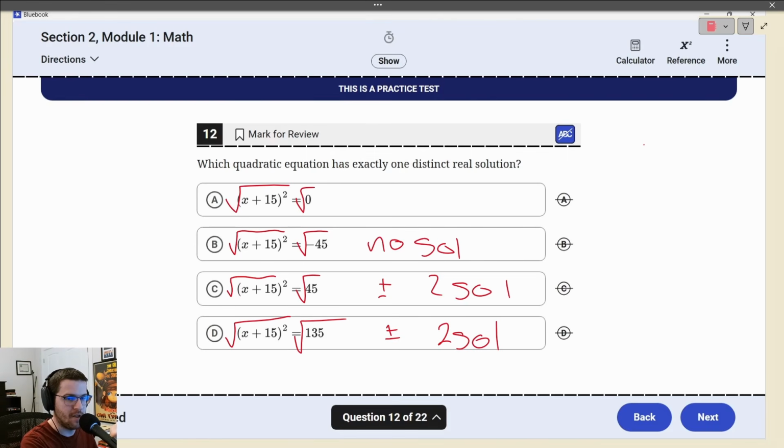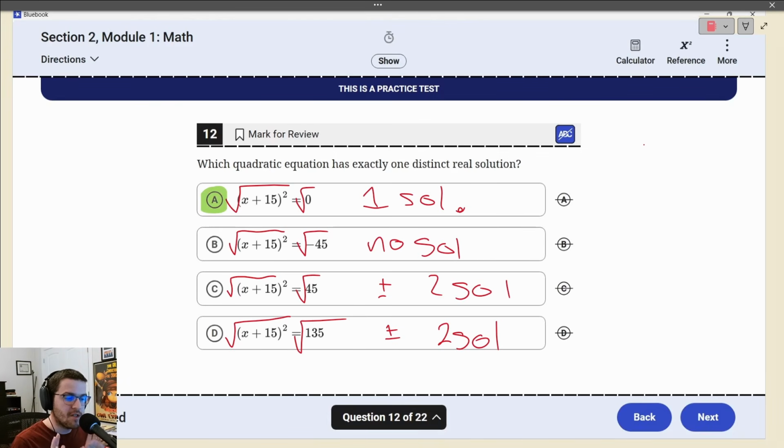Even if you put a plus or minus sign, negative 1 times 0 is still just 0. So whenever you take the square root of 0 as that final step, that will generate just one solution, because it's valid, but there's no plus or minus. You can't do plus or minus 0. It doesn't make any sense. So the answer is A.